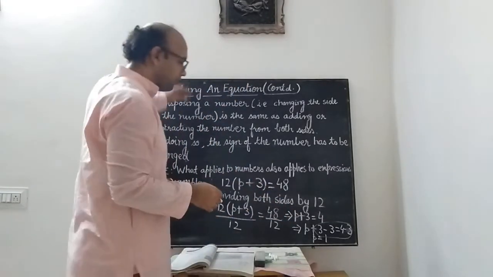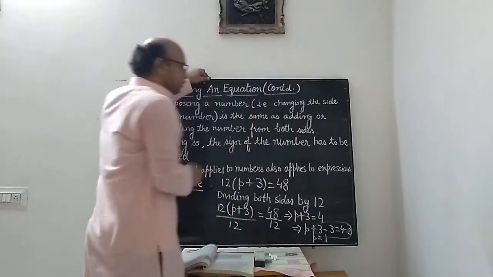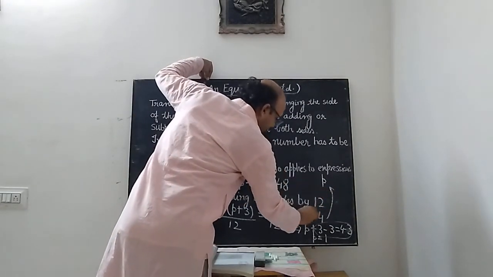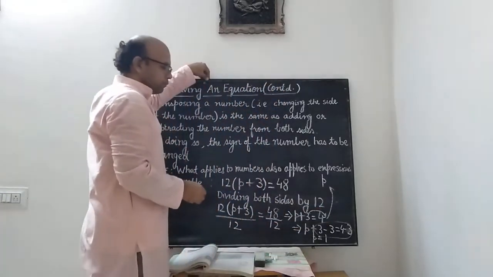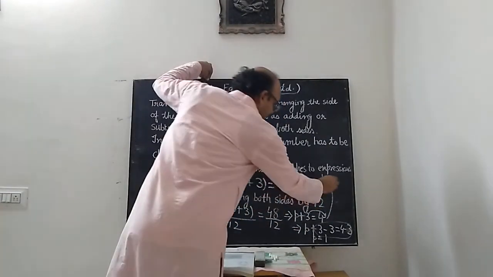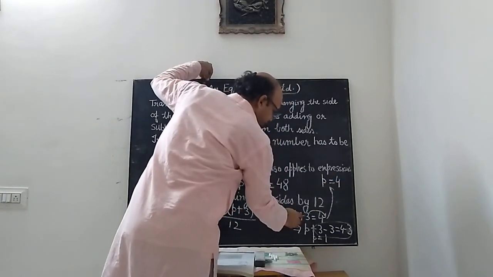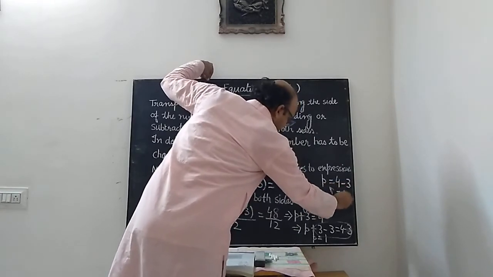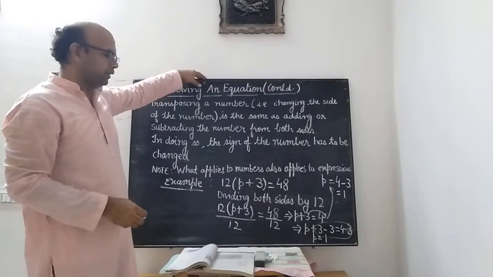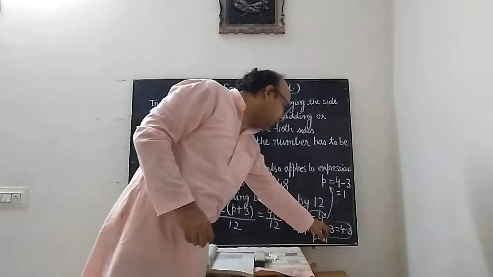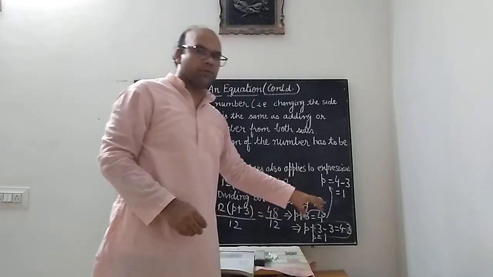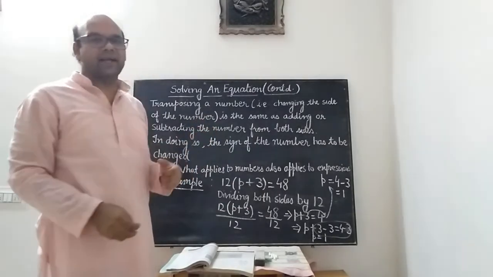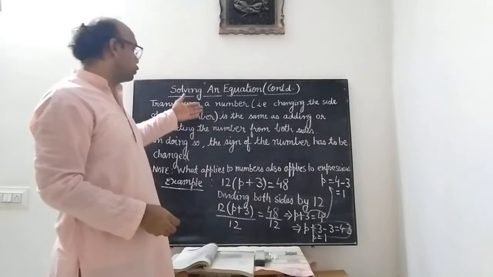That means when we apply the concept of transposing, we could have shifted the 3 from left hand side to right hand side, but whenever we do, we change the sign. If it is positive, when we take it to the other side, it is negative, and we directly get the number 1. So this step of subtracting or adding the same number on both the sides could be easily shortened, the effort and the time could be reduced, and we can use this concept.